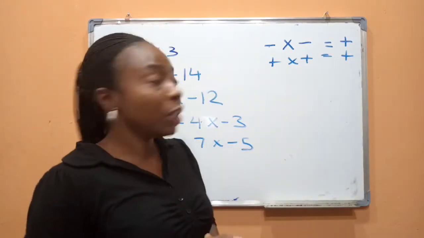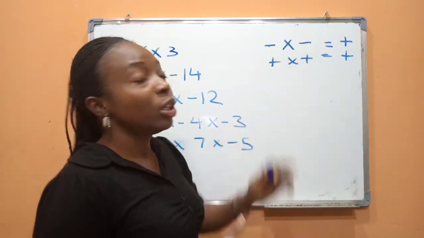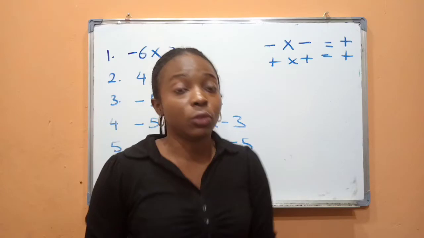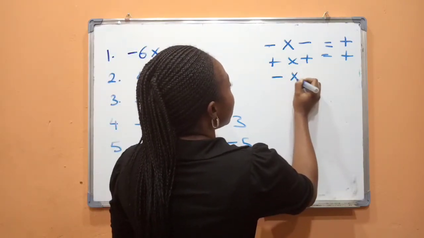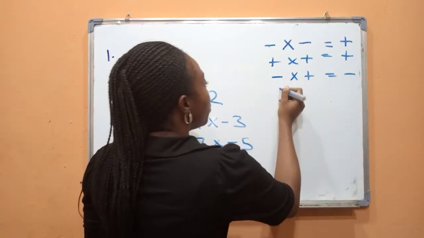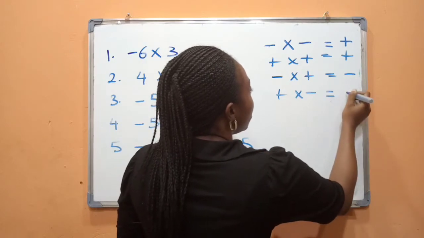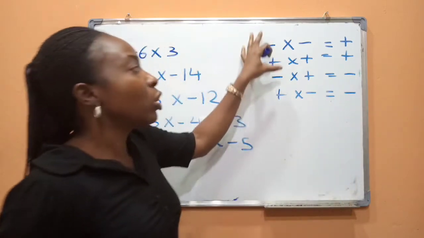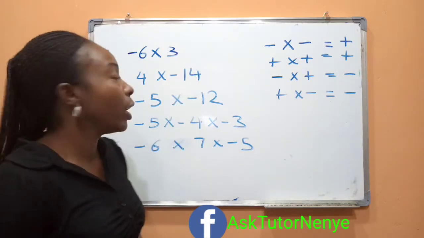But whenever you're multiplying different symbols, you're always going to have a negative result. When you say minus times plus, it is always going to give you a negative result, and when you say plus times minus, it is equally going to give you a negative result. So we're going to use this very law to solve these very examples, okay?